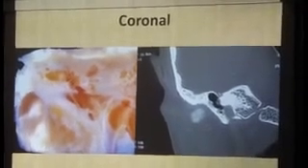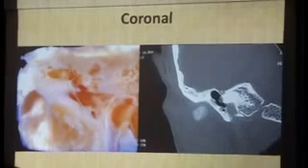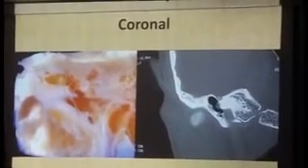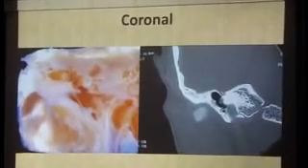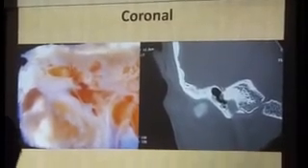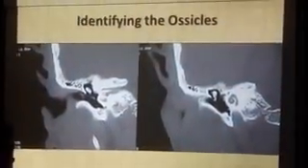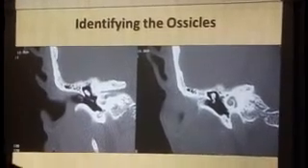Now, I think you would agree with me, if we had gone anterior to posterior, it would have been a little difficult for us to identify the ossicles, more so when it came to the handle of the malleus and the long process of the incus, and that is why my personal suggestion is always to go posterior to anterior.